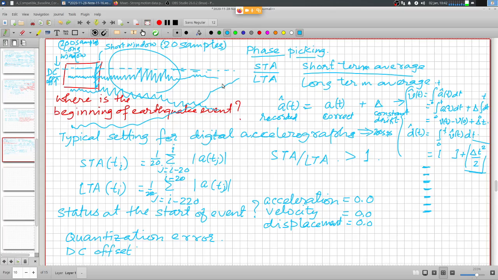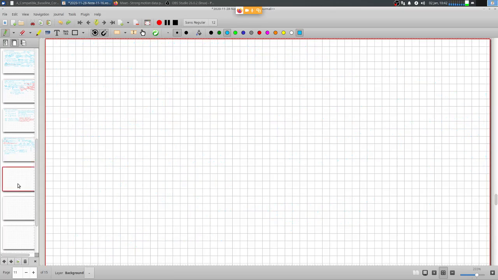There are 3 steps that are normally used. There are different schools of thought for digital baseline correction, or baseline adjustment, of digital accelerograms. We will cover one of the simplest ones, which is discussed in the article that I shared with you. Once we build some confidence in dealing with this, it becomes easier to understand and relate to other processing schemes.